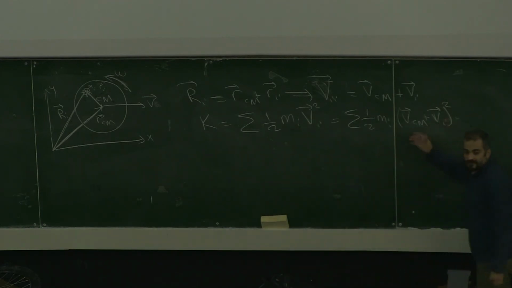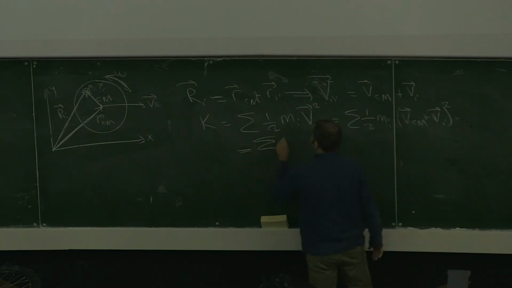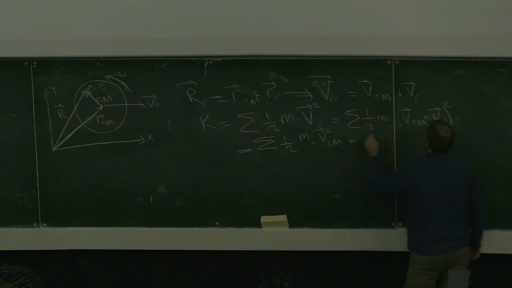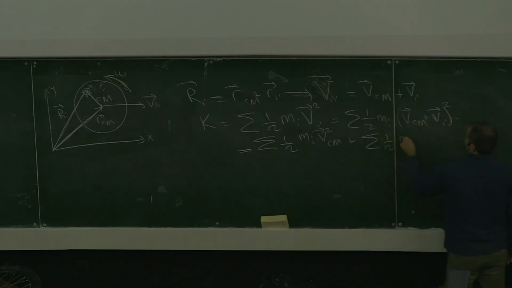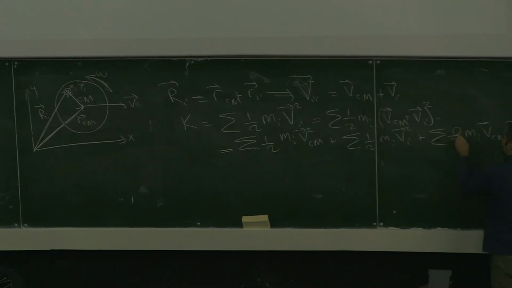I will just take this square: 1/2 mi v center of mass squared plus 1/2 mi vi squared plus 1/2 mi v center of mass dot vi, twice.